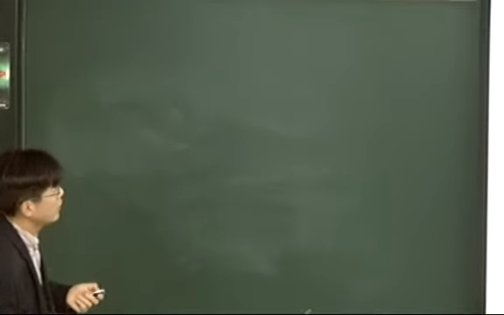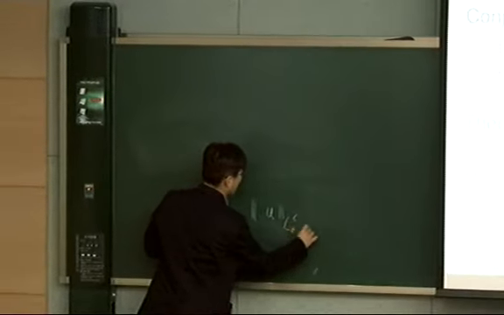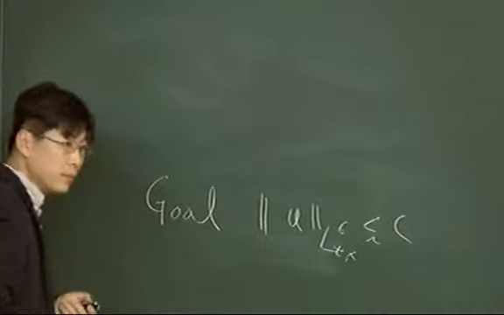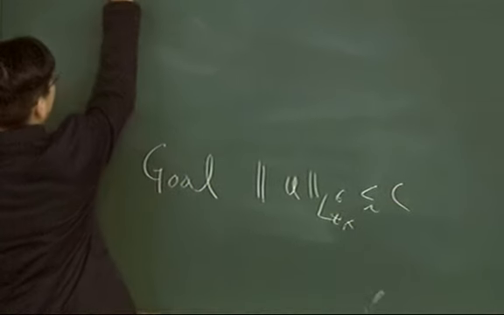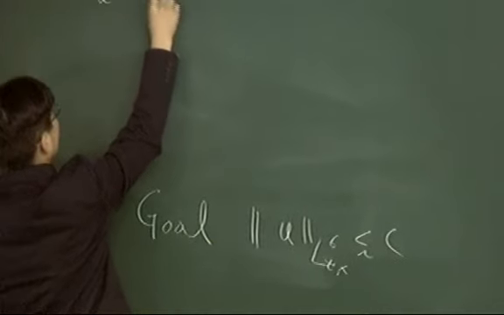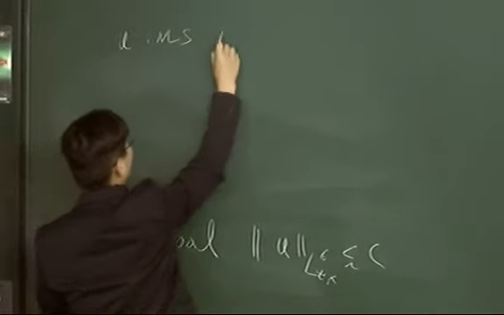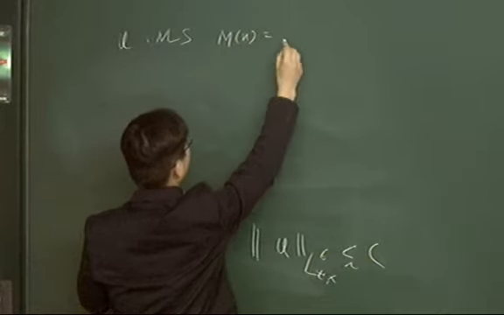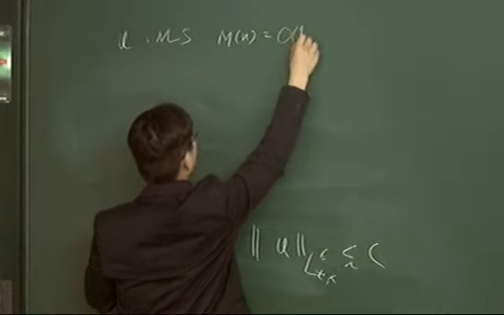So in order to show the conclusion, the conjecture for NLS, our goal is to show this: when u is an NLS solution and the L6 norm is bounded. Okay. Then initially the linear solution for the NLS is given, and we take the mass of u to be some big constant.